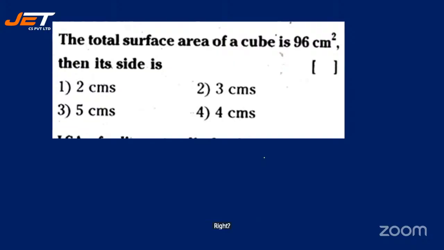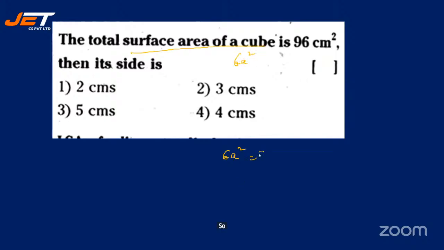Right, so the total surface area of a cube is 96 centimeters square. Then the side is what? So what do you mean by this? The surface area of the cube means it is 6a square. Okay, so this is a formula, isn't it? 6a square.